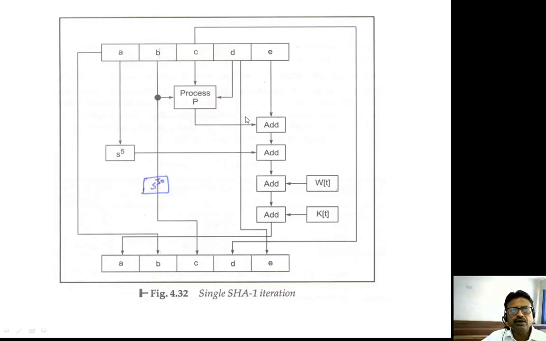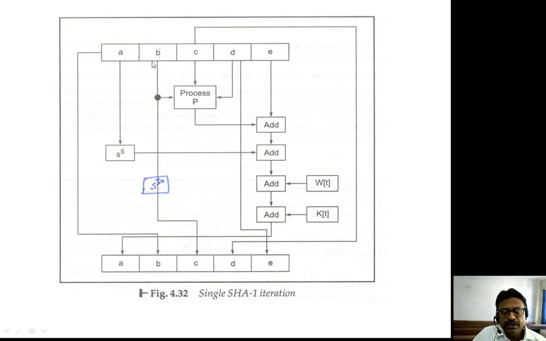And this is one round operation of SHA1, a single SHA1 operation. Similarly, we have to do 80 such operations. So how does it start in the very beginning? We have 5 registers, which hold the values of the chaining variable A, B, C, D, E.